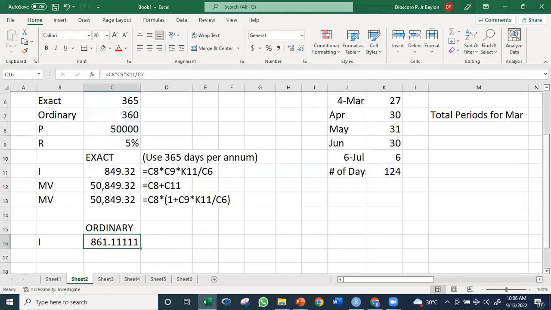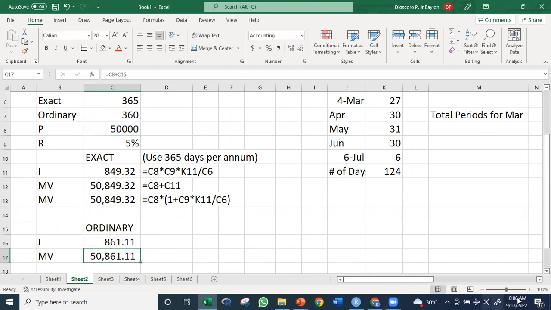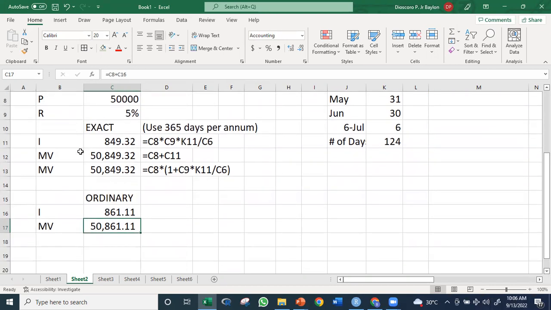Okay. So as I mentioned a while ago, the interest will be higher if it's ordinary because the divisor is lower at 360. So the market value for this one will be, if you just add, it will just be equal to the principal plus the interest. And we know it will be higher than the exact interest, or you can use the direct formula.